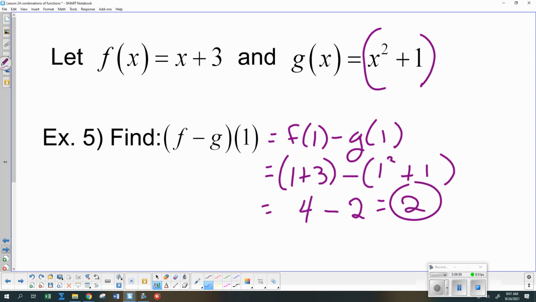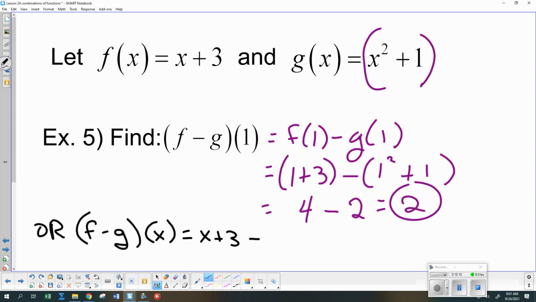If you preferred, and when you start doing these in the lessons, some of you are going to do them one way and some are going to do them another way. If you preferred, you could have said, I want to get a rule first. So my rule would be x plus 3 minus my entire g, x squared plus 1.